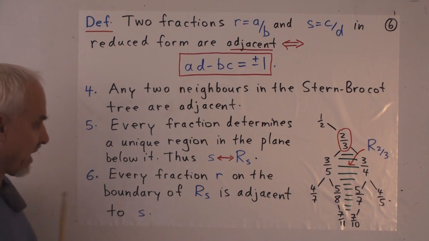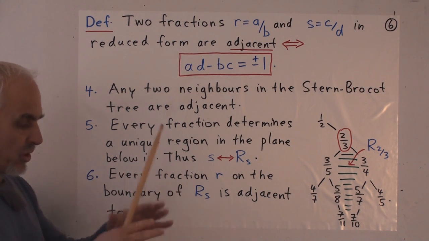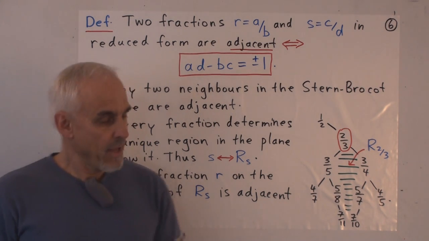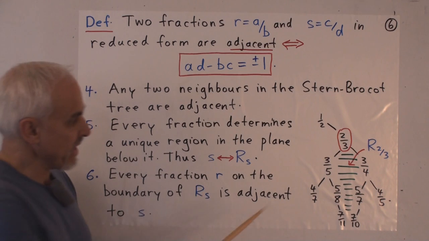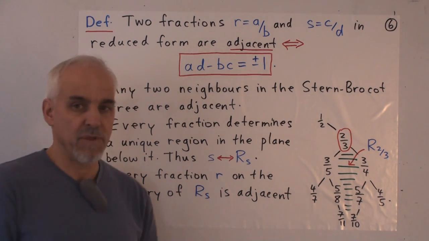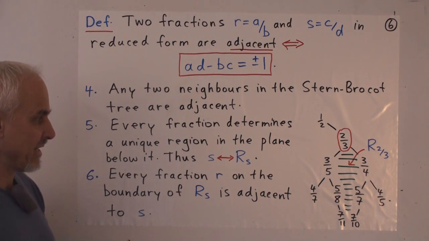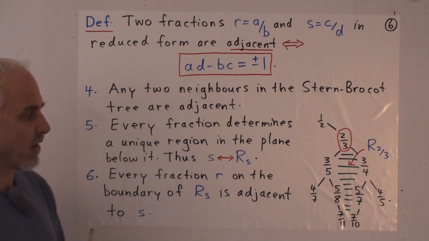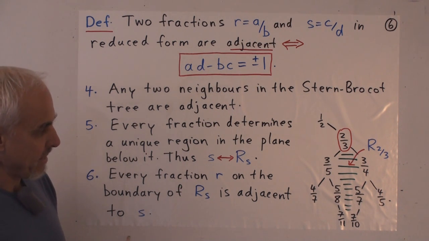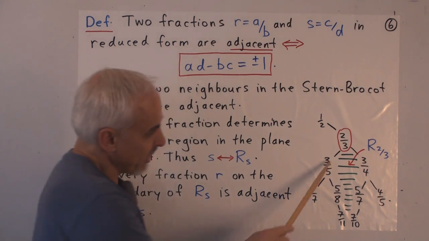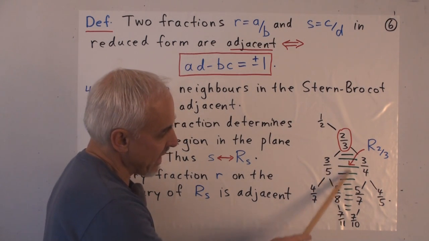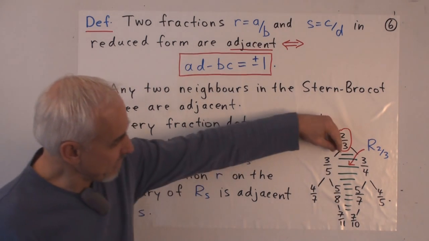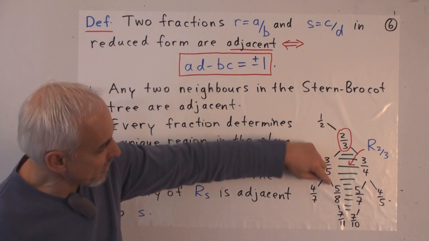For our next property, we make another definition or a notion. We observe that when we look at the tree, below every number that appears in the tree, there is a region in the plane carved out. Namely, it's this sort of connected region that's directly below, if we imagine joining all the dots.